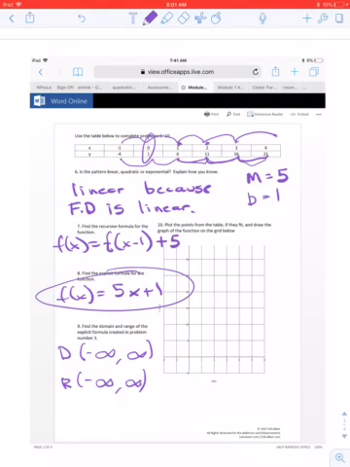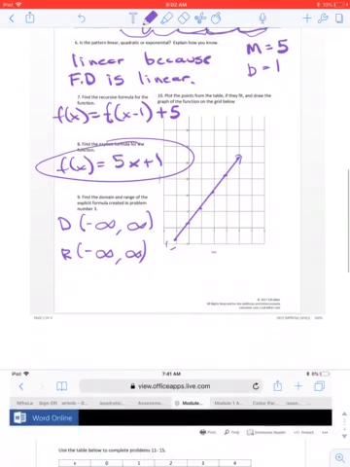And now to plot the points, we are going to go -1, -4, 0, 1, 1, 6, 2, 11, 3, 16, 4, 21, and there's my linear function. Much easier than the first page, I think we would all agree.